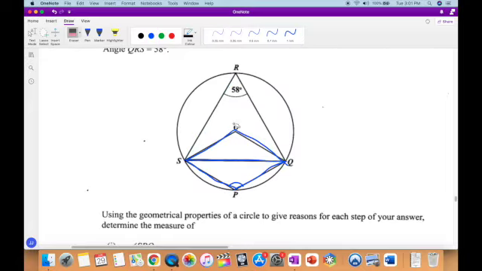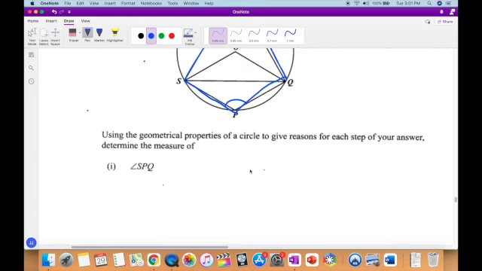We can also see that this figure here is a cyclic quadrilateral, and we know that the opposite angles of a cyclic quadrilateral are supplementary.